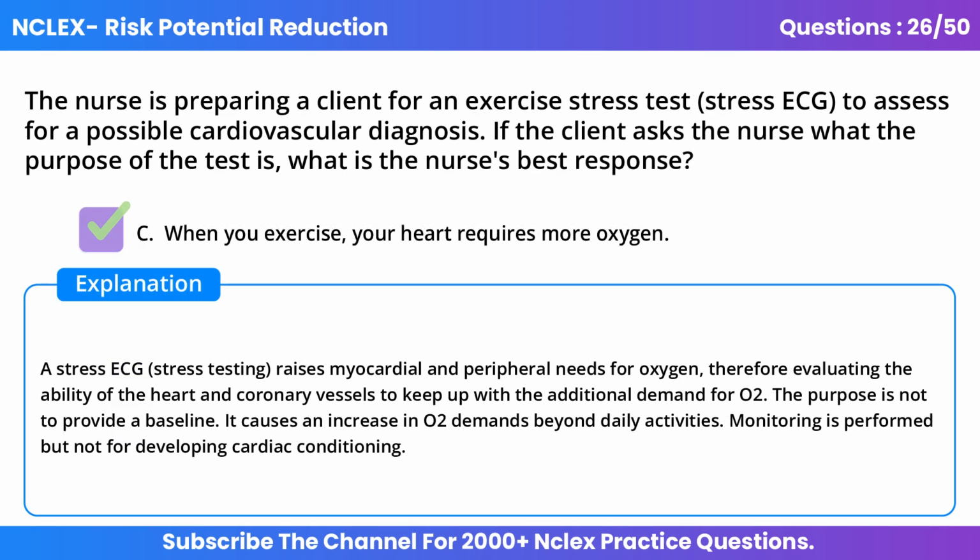A stress ECG, stress testing, raises myocardial and peripheral needs for oxygen, therefore evaluating the ability of the heart and coronary vessels to keep up with the additional demand for O2. The purpose is not to provide a baseline. It causes an increase in O2 demands beyond daily activities. Monitoring is performed but not for developing cardiac conditioning.